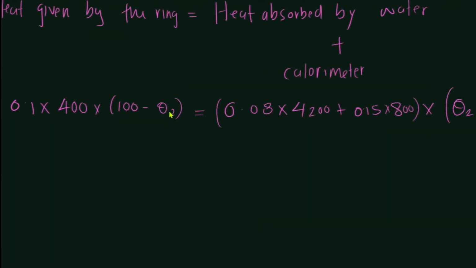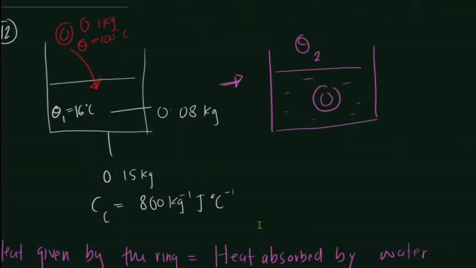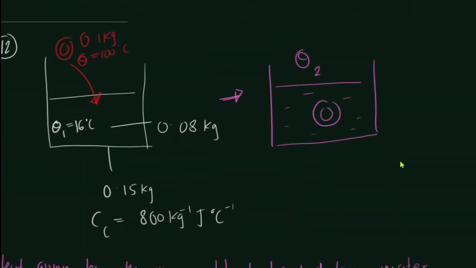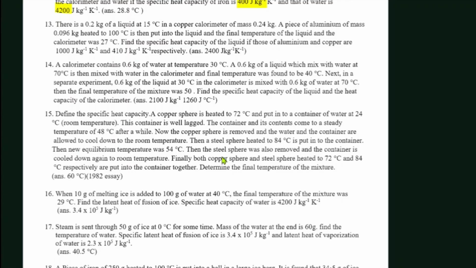If you simplify this, you get theta 2 to be 28.8 degrees Celsius. So I guess the question is not that difficult.